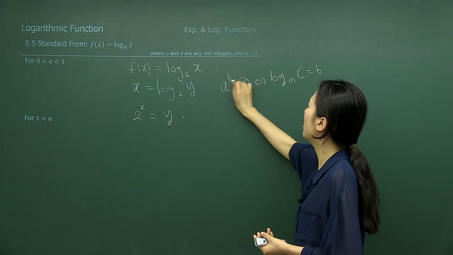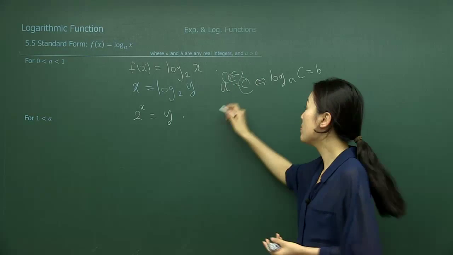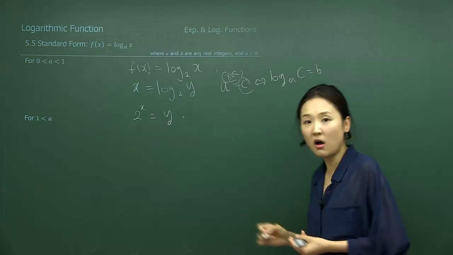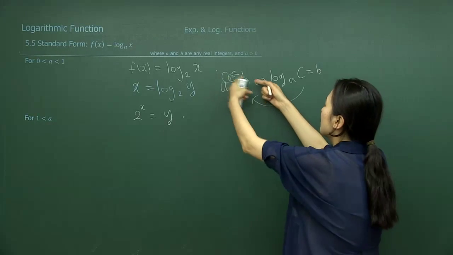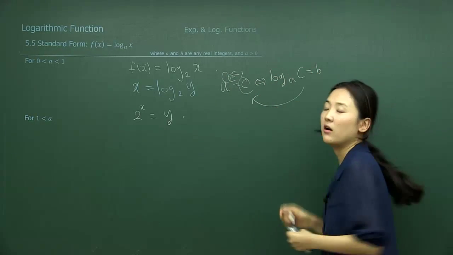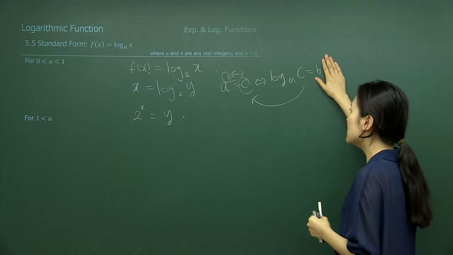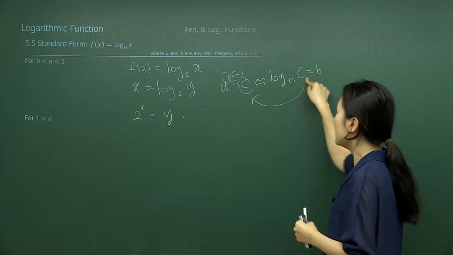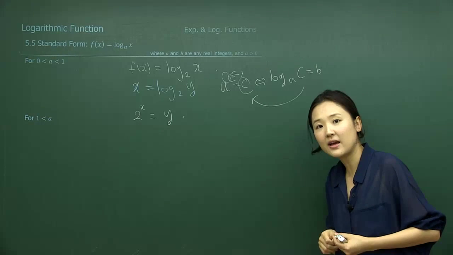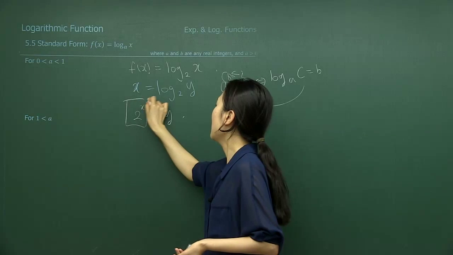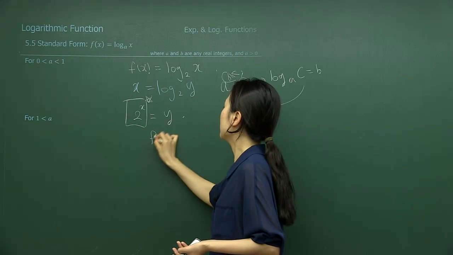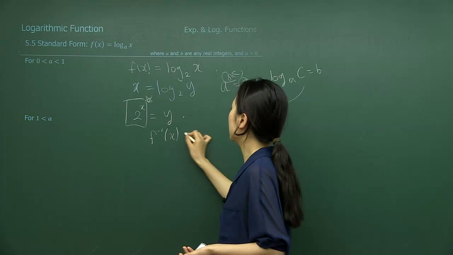You see how we swapped these around when we were converting exponential into log? We are just doing it backward. You need to swap this back around so that this is the exponent and this is the other side. Okay? So this is our inverse for the given function.